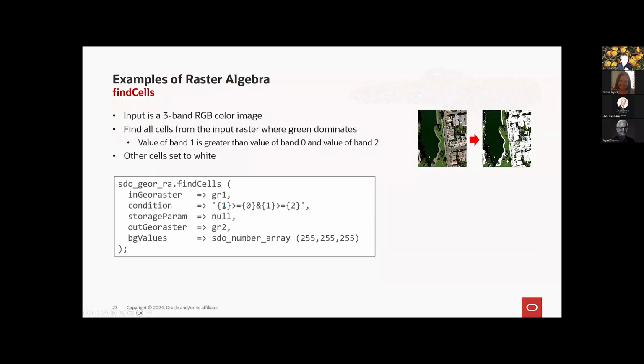So the green is the 2nd band with the identifier 1, and we want to give precedence to green over red and blue. What we return is the green color, and for everything else we have just a white background. And this is exactly the result you can see here. Based on that original image, we have extracted the green parts or the green values and displayed the resulting image over here.